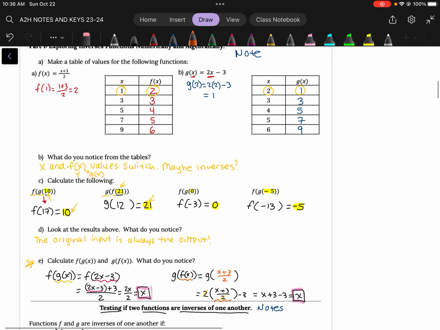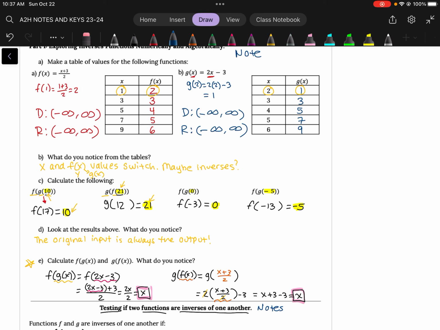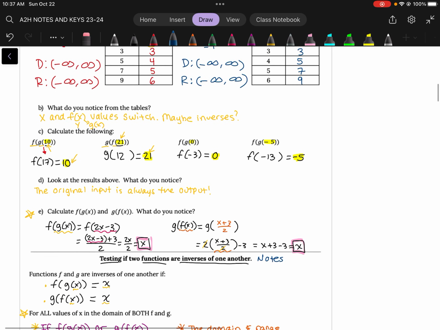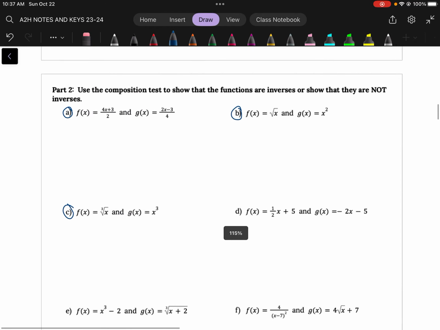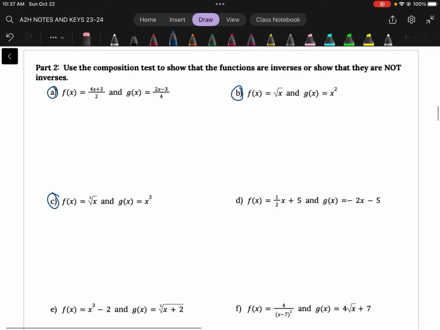For example, in both of these functions, in f of x and g of x, the domain and range are negative infinity to infinity because they are lines, right? Okay, and just because they switch doesn't guarantee that they're inverses, but it is something that we can also kind of use to analyze or explain why or why not something might be an inverse. So just another tool to use, okay?